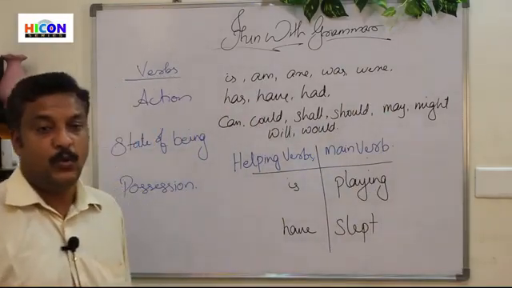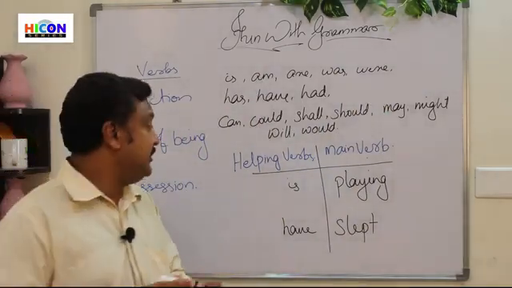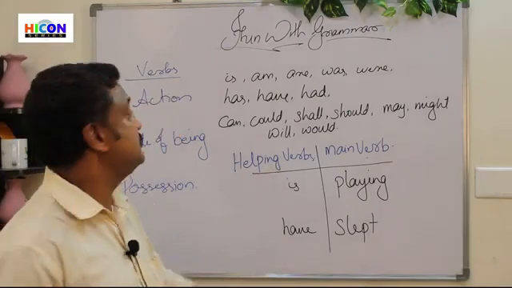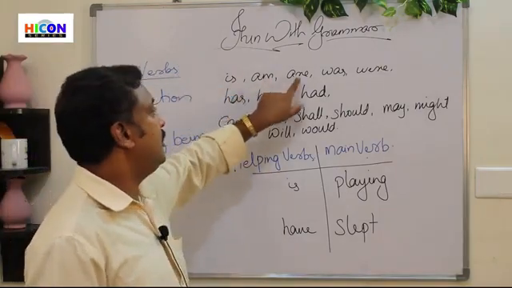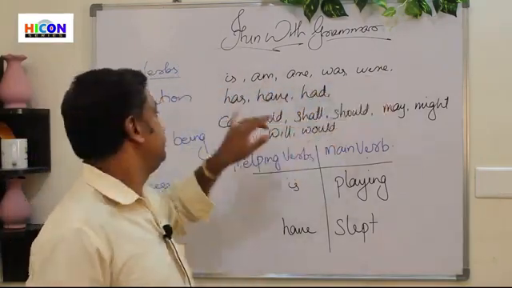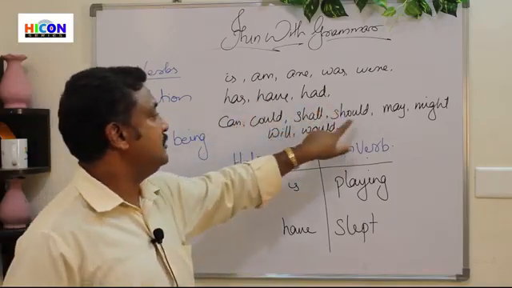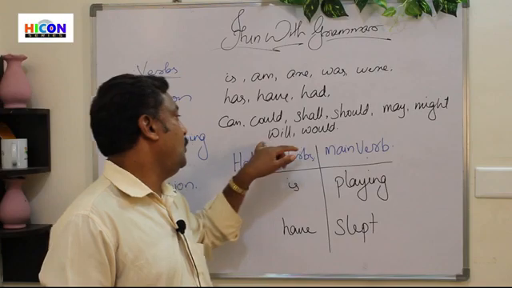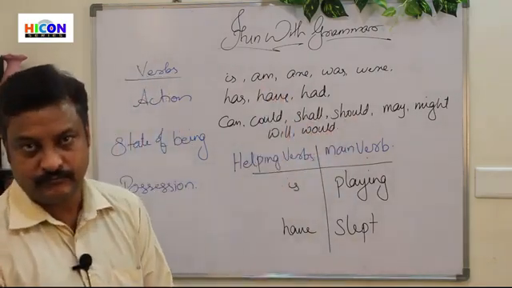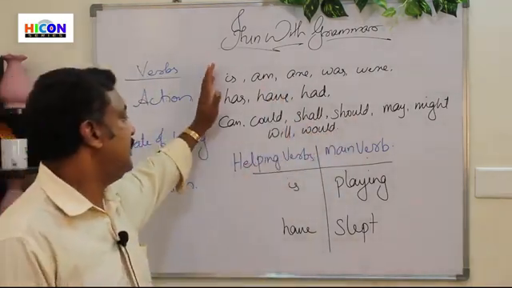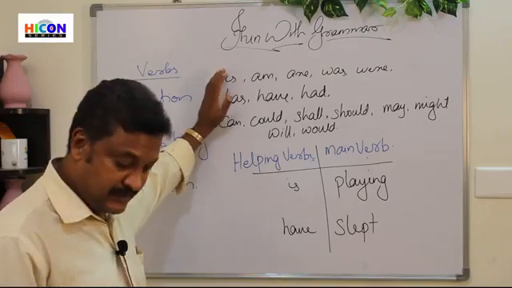So, which are the helping verbs in the English language? Is, am, are, was, were, has, have, had, can, could, shall, should, may, might, will, would. So, these are the helping verbs in the English language.